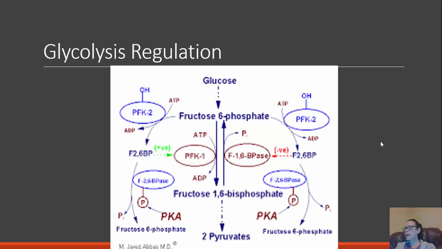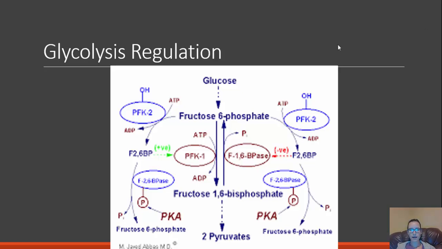Okay, so how is glycolysis regulated? First, I'm going to leave this figure up while I talk through it. The most important regulator of glycolysis and gluconeogenesis is fructose 2,6-bisphosphate.